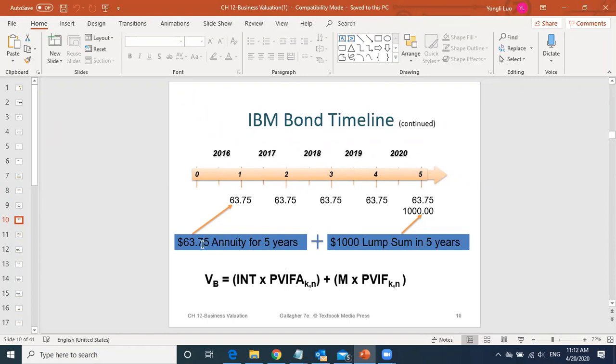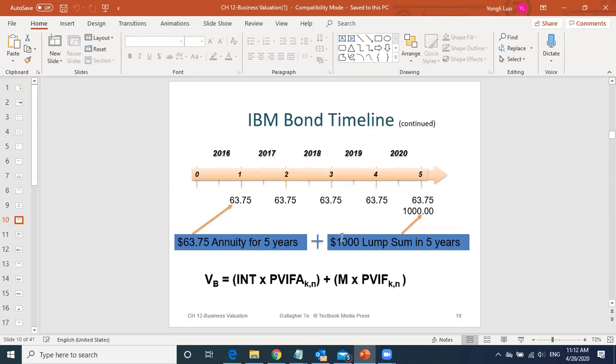You calculate the present value of an annuity for this part. Look at the $63.75 coupon: those are equal amounts at equal time intervals, so they are an annuity, paid at the end of each year.